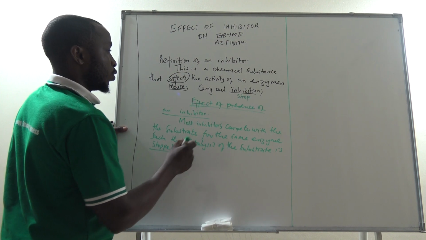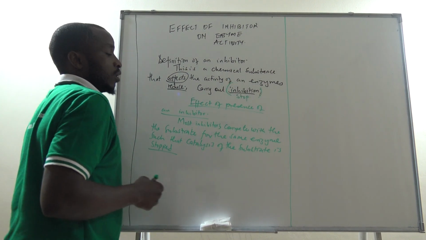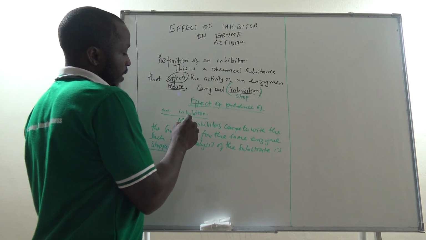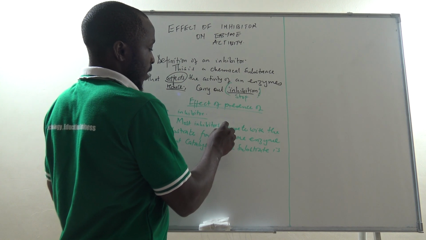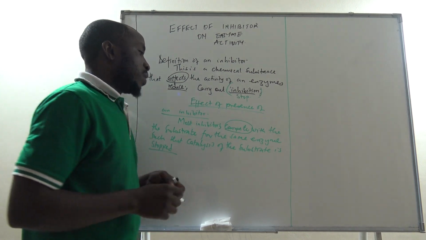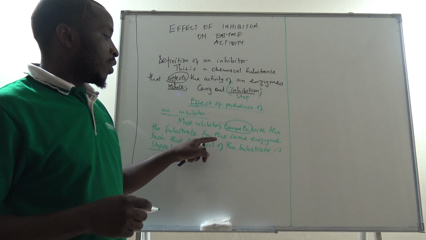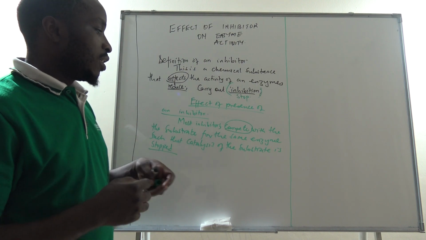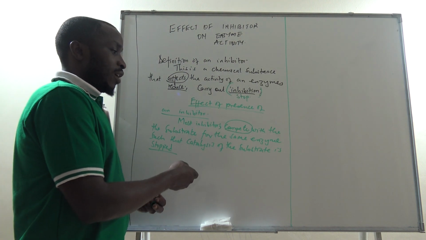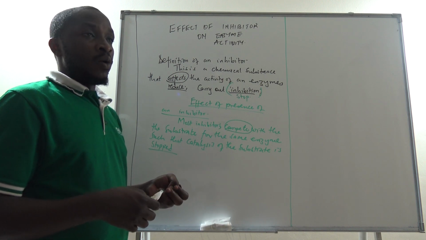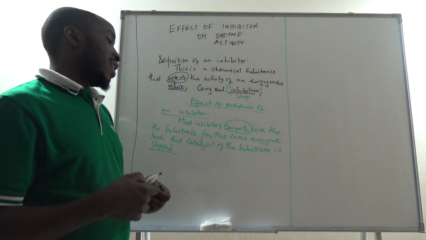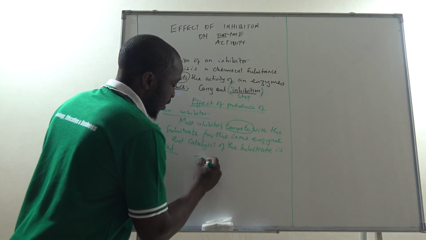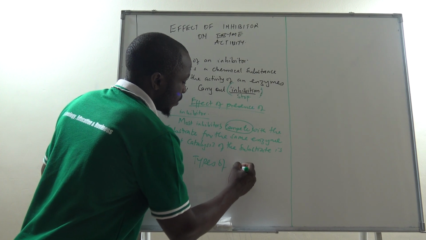We can borrow that word of stopping, because inhibition means stopping. So this is the biggest effect. Inhibitors compete with the substrates for the same enzyme. Meaning the enzyme that is made to, let's say, digest starch will no longer be digesting starch, but will now be catalyzing another reaction.